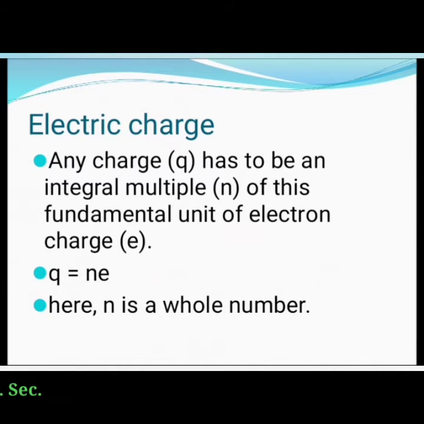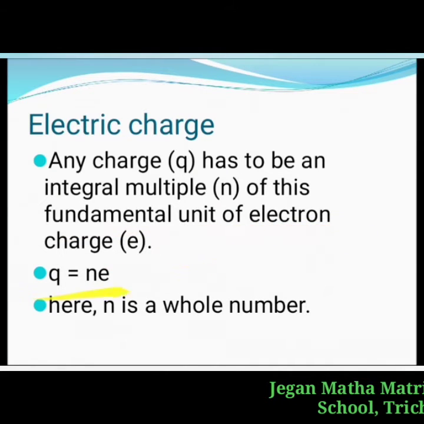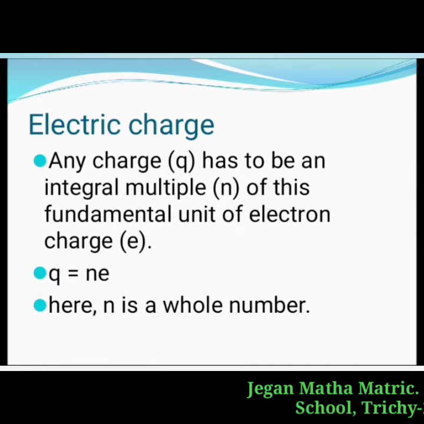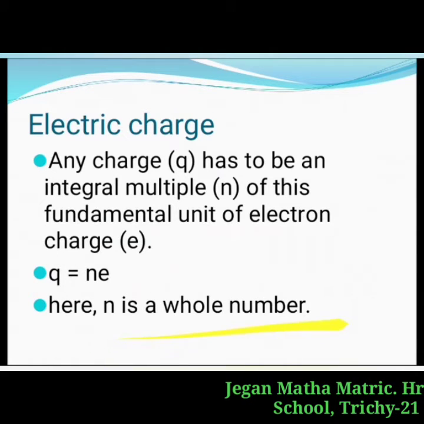This indicates that any charge, electric charge being represented by the letter Q, has to be an integral multiple of this fundamental unit of electron. So Q is equal to ne. Here n is a whole number.